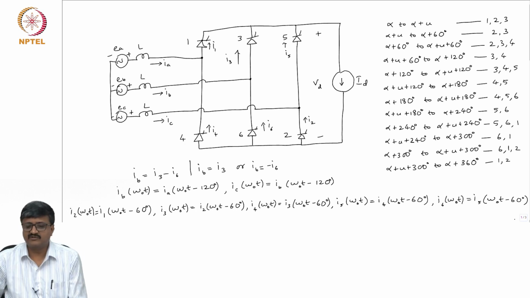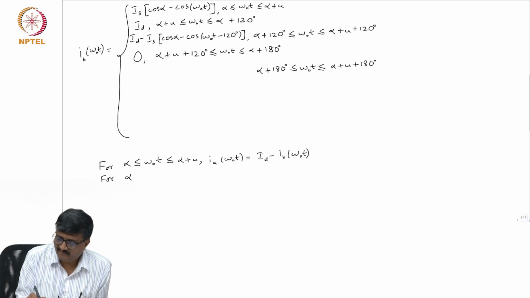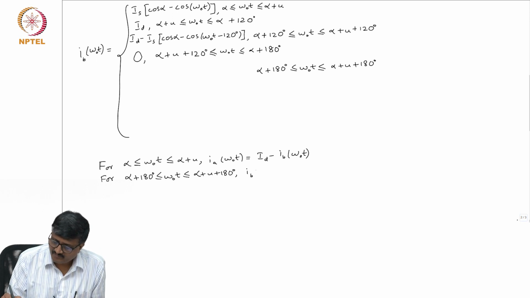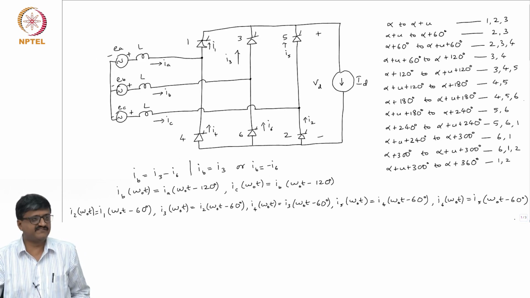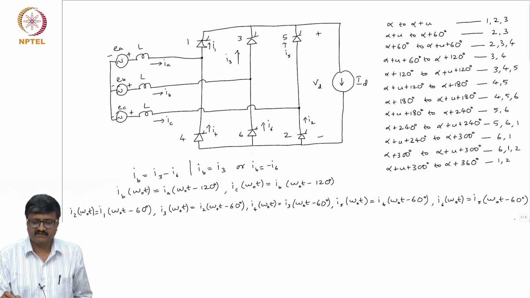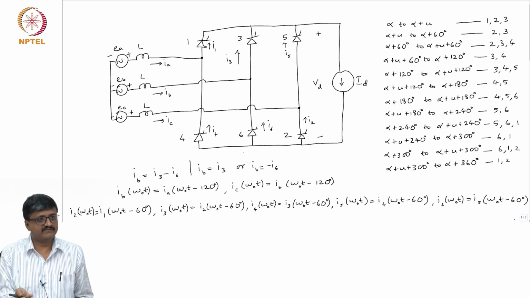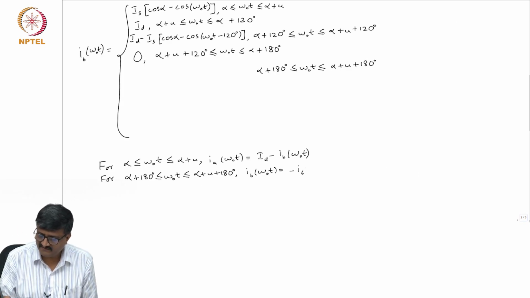So, IB is equal to minus I6. Let me first write that. For alpha plus 180 less than or equal to omega OT less than or equal to alpha plus u plus 180 degrees, IB of omega OT is equal to, as we just saw, in this subinterval 4, 5 and 6 conduct. When 4, 5 and 6 conduct, in general IB is I3 minus I6, but I3 is 0, since 3 does not conduct. So, it is minus I6 of omega OT.